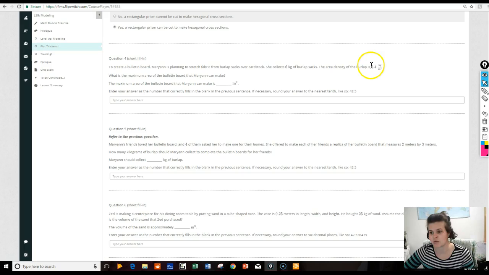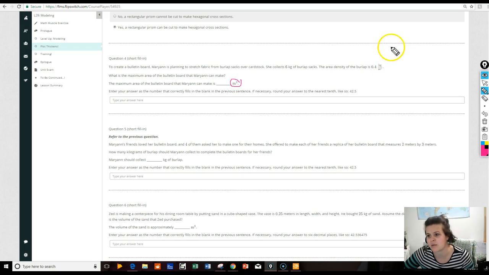So they give us a proportion here, 0.4 kilograms per meter squared. So I'm going to set up a ratio, and since I want to find the meters squared, I want to make sure that I'm going to use the reciprocal.